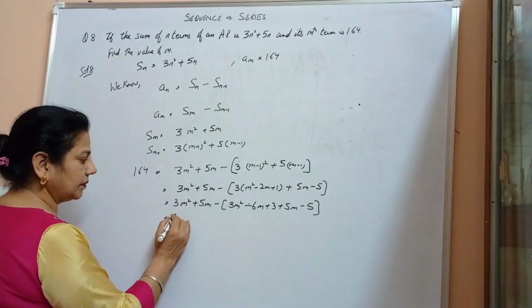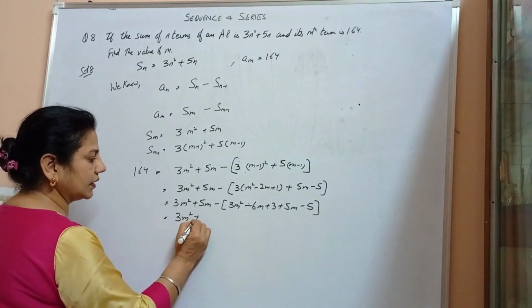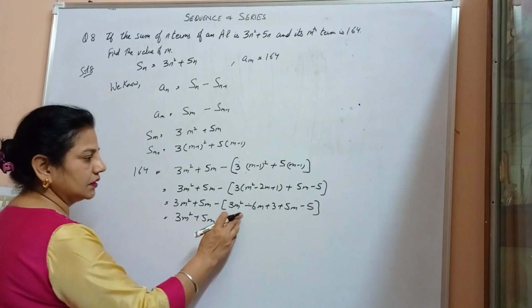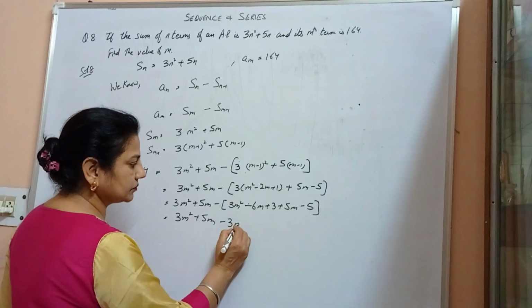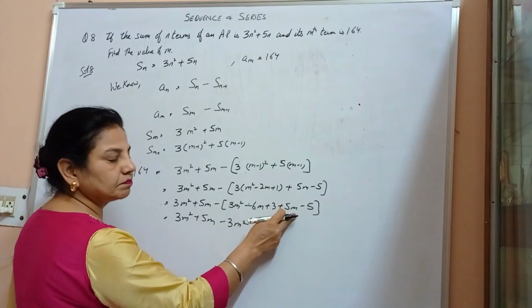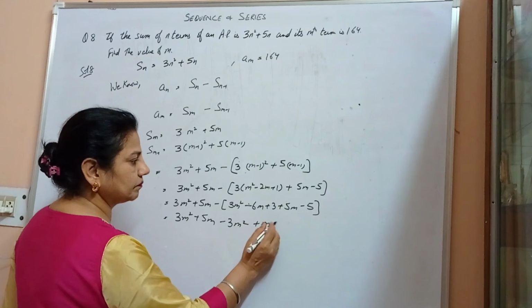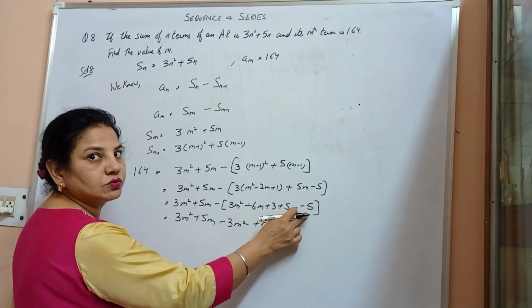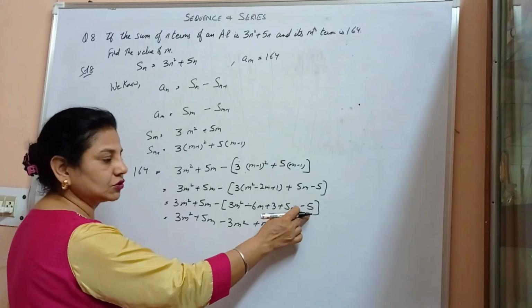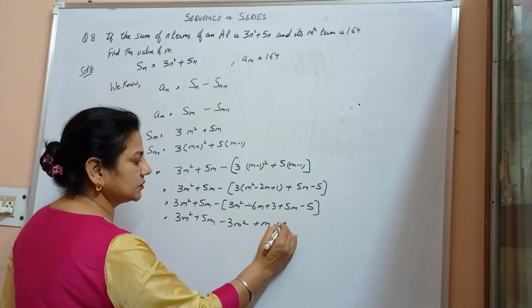Again, open the bracket and solve. 3m square minus 3m square will cancel out. 5m plus 6m minus... 3 minus 5 is minus 2, and minus this becomes plus 2.